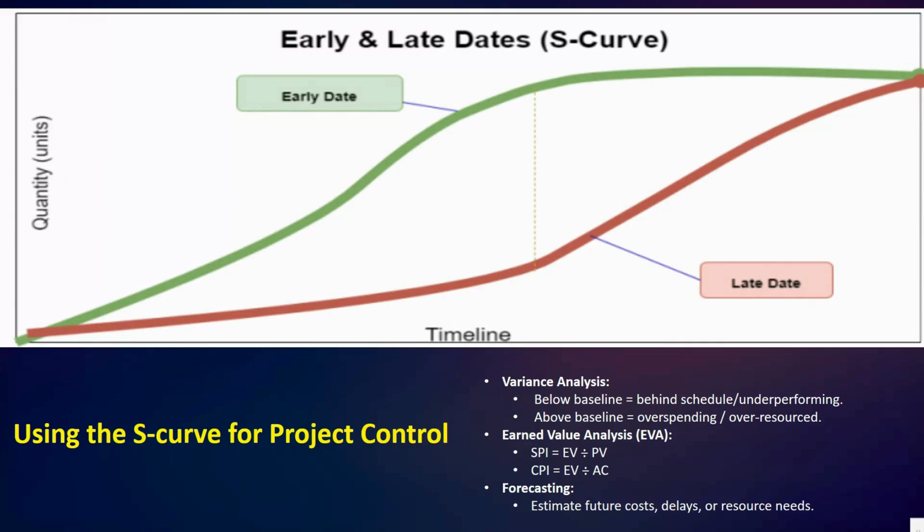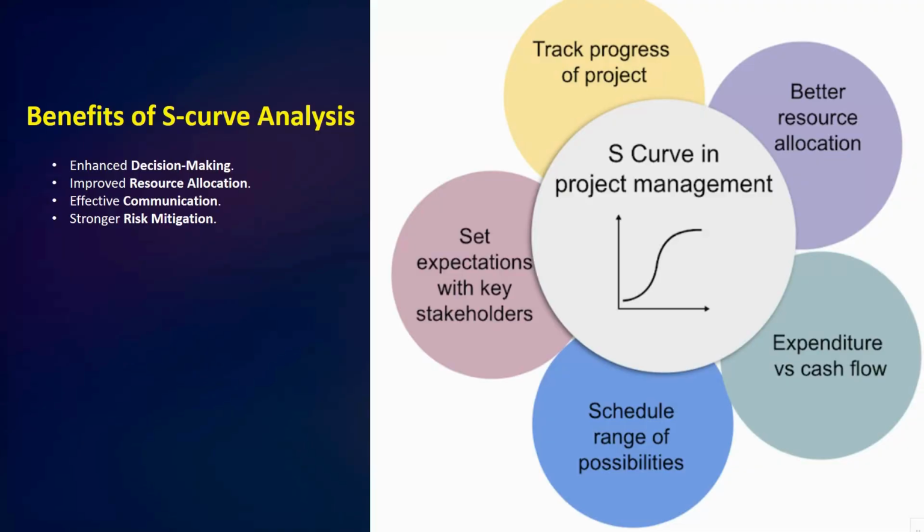Okay, so finally, forecasting. The S curve helps with forecasting by analyzing the trend of actual progress. Project managers can predict future delays, cost overruns, or additional resource requirements. So this makes the S curve not just a reporting tool, but an active control mechanism for managing projects. Okay, so I hope this is clear.